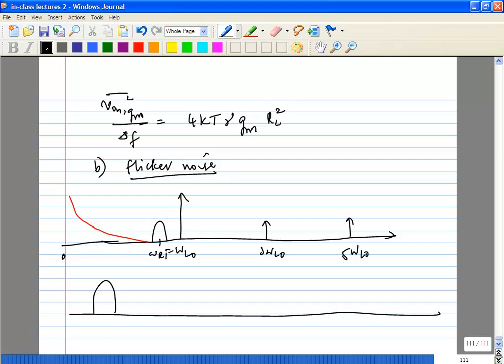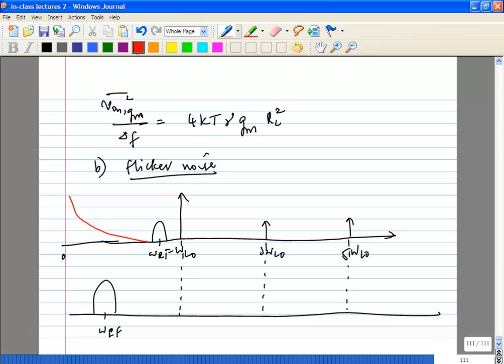So you're going to get your omega IF, and remember that omega LO times omega DC gives you an LO feed through component, right?